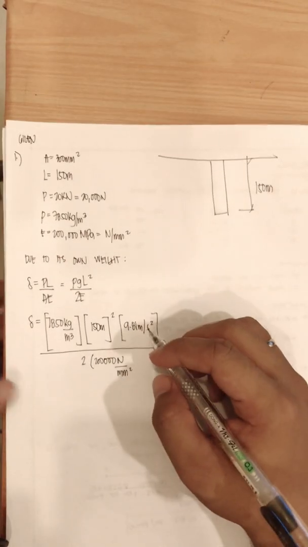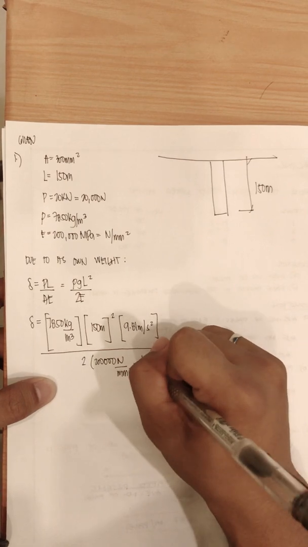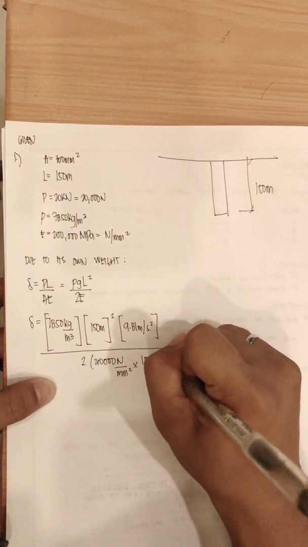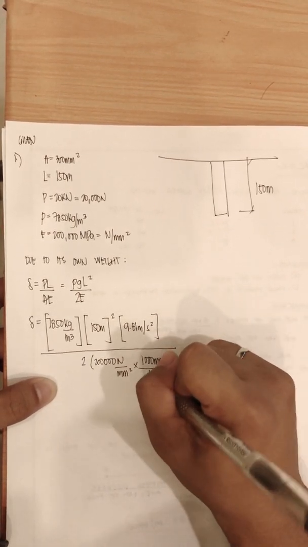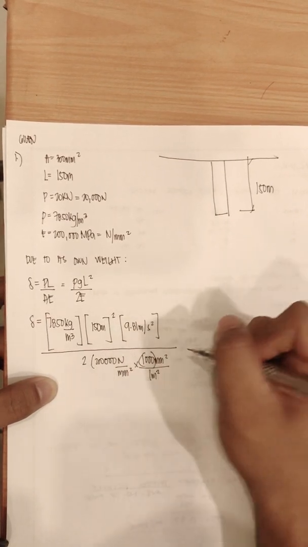So we need to convert the square millimeters to meter squared, times 1,000 mm squared divided by 1 meter squared.